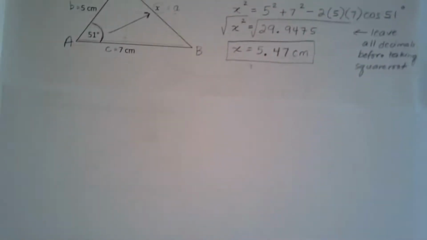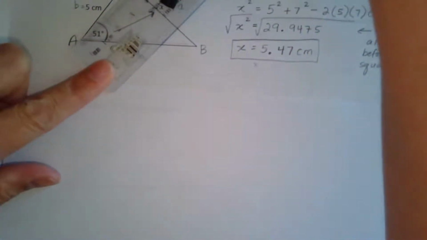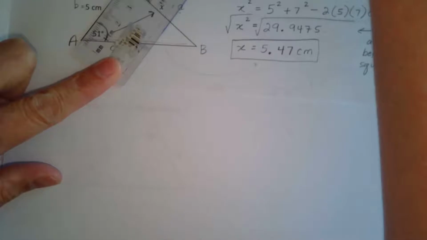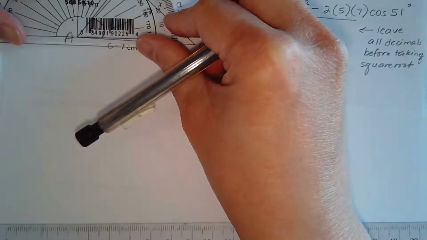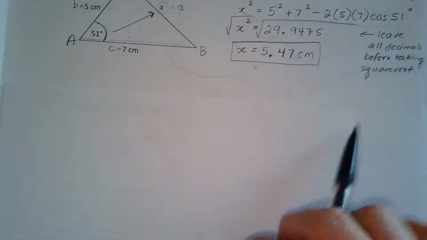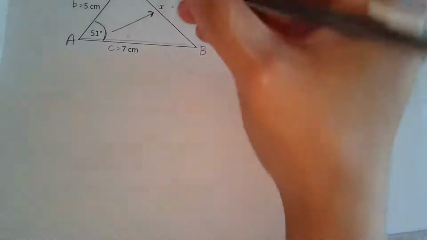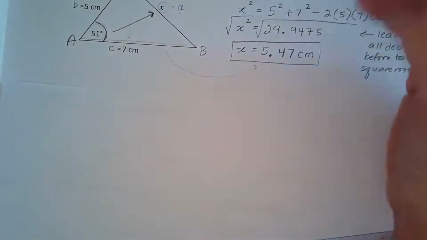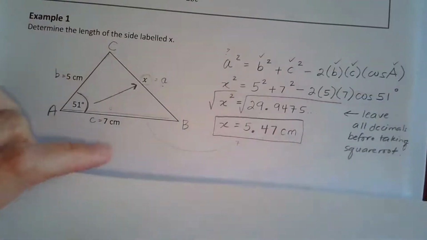This one is not exactly 7 centimeters, this one is not exactly 5 centimeters, and this one is definitely not exactly 51 degrees, but somewhat close. So I'm going to recreate this triangle exactly, and if I measure this part here, it should come out to 5.47.